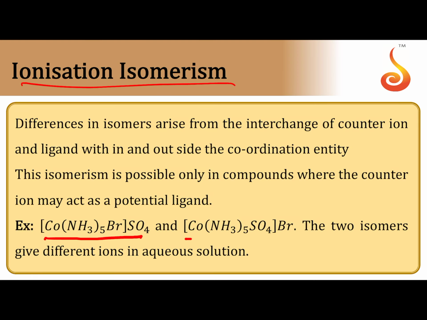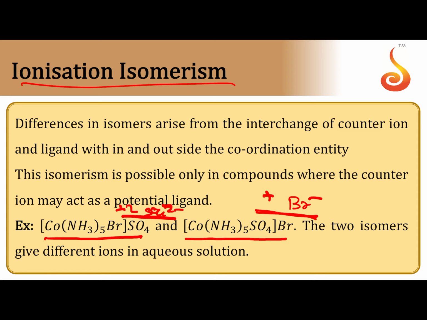If you observe these 2 complexes, both have the same molecular formula, but they are different in color, properties, etc. When the first one is dissolved in water, it gives sulfate anion and a coordination sphere with 2 units of positive charge. When the next one is dissolved in water, it produces bromide ions and a coordination entity with 1 unit positive charge.